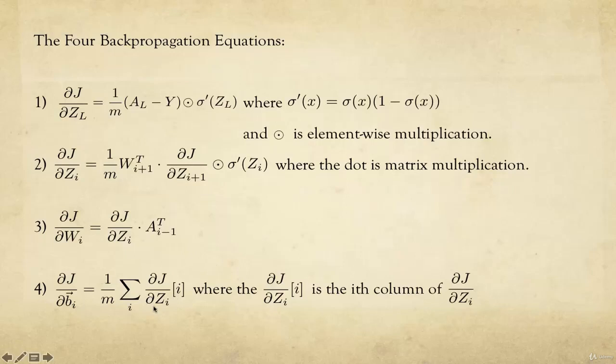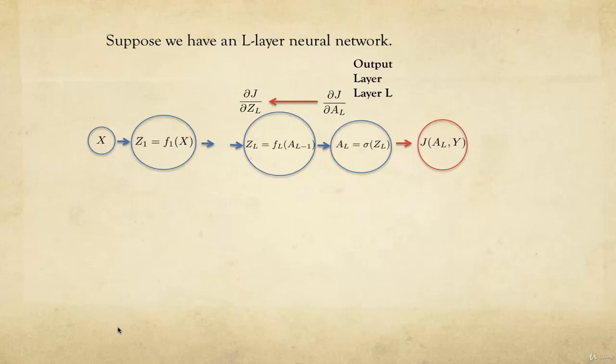And in this formula, the bracket i represents the ith column of dJ/dZi. So this essentially says that we add up all the columns of dJ/dZi, divide by m, and that will give us dJ/dbi. So there are the four backpropagation formulas. Let's do an example.